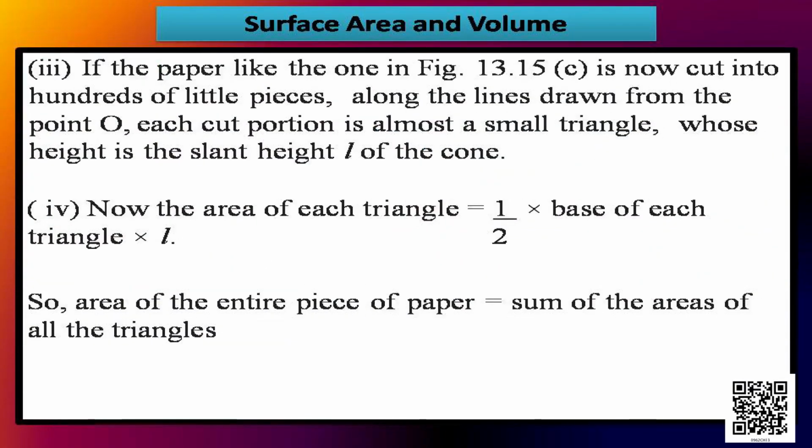If the paper like the cone in figure 13.15c is now cut into hundreds of little pieces along the lines drawn from the point O, each cut portion is almost a small triangle whose height is the slant height l of the cone.